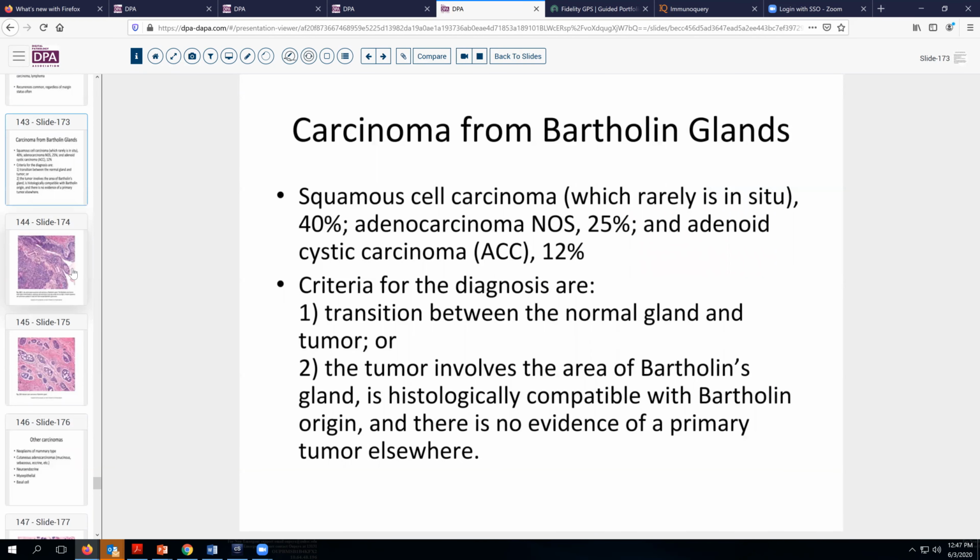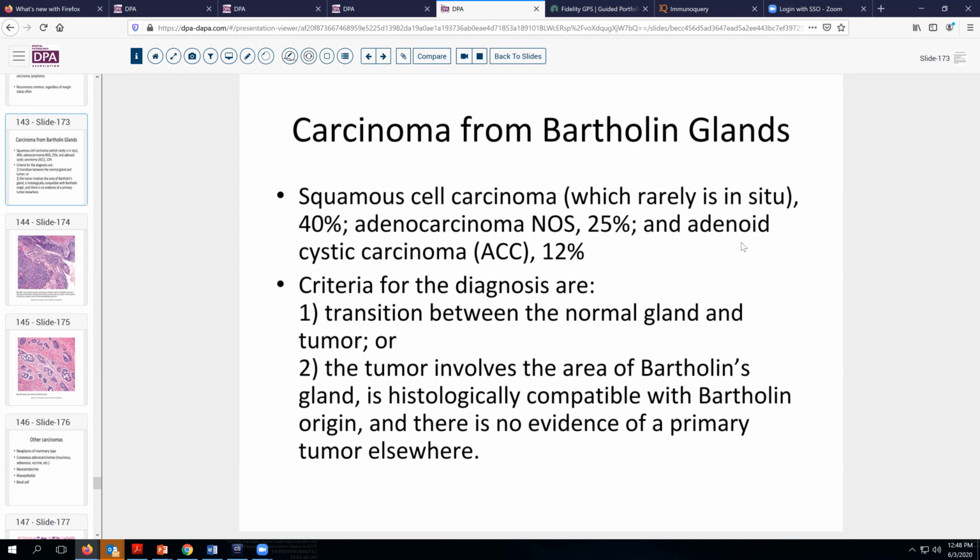Carcinoma is associated with the Bartholin's gland. Certainly, most commonly, we will see squamous carcinoma arising in the duct. We had a case excised that they thought was a Bartholin's gland cyst, turned out to be squamous carcinoma. To identify it as being primary there, you'd like to see some sort of transition from the normal gland to the tumor, or it involves the area of the Bartholin's gland, or is consistent with that.